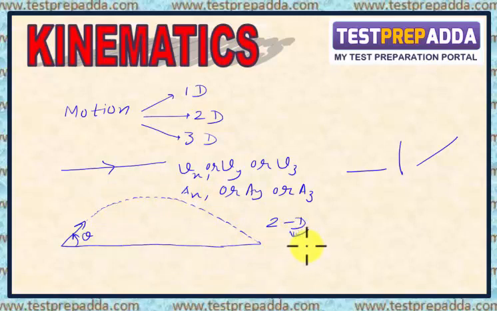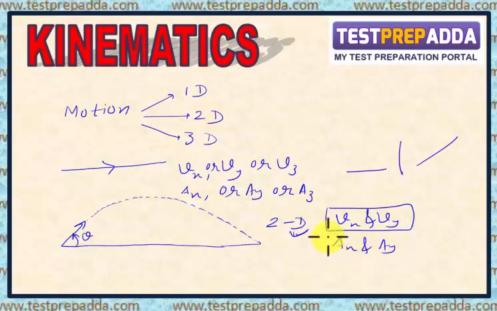Here velocity and acceleration are described by two components that are mutually perpendicular. Like you need Vx and Vy to describe the motion, or you need Ax and Ay to describe this motion. Got the idea?